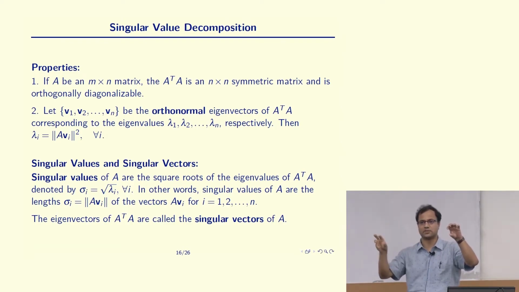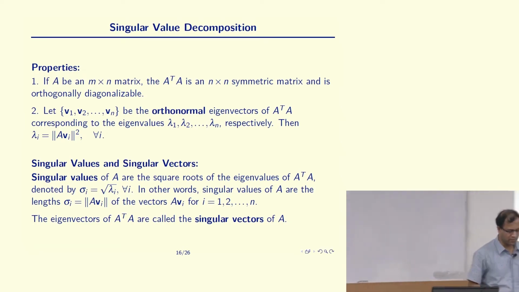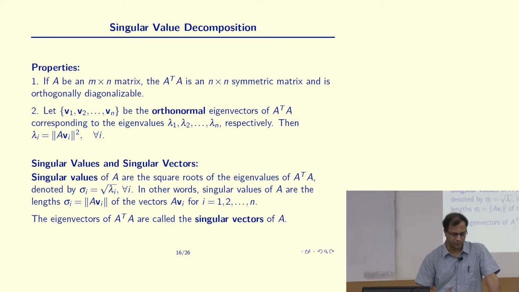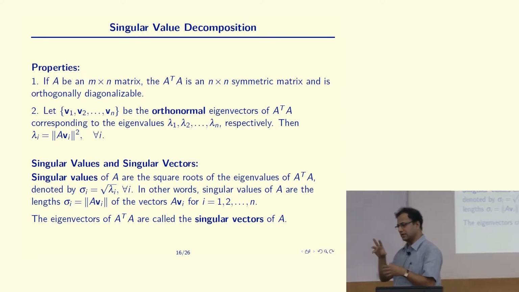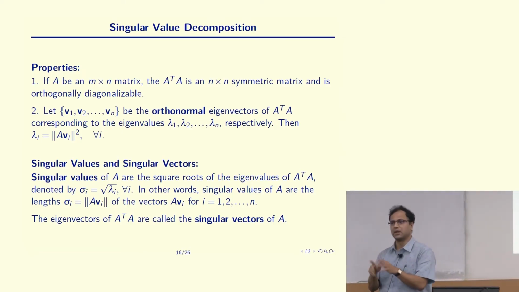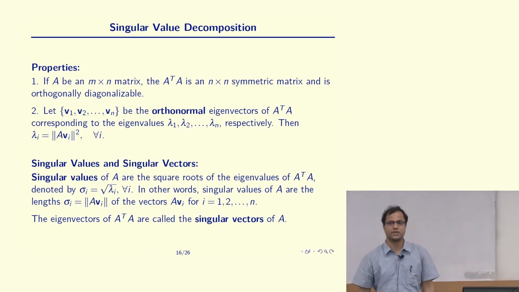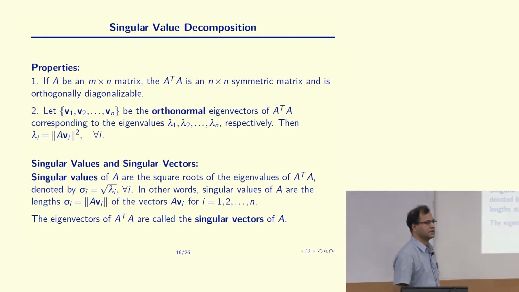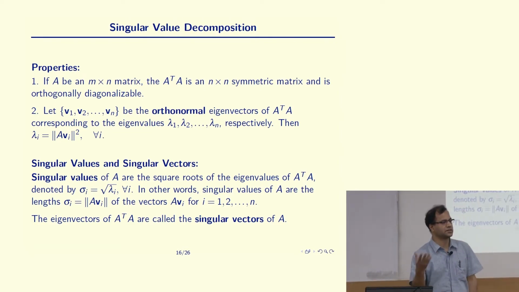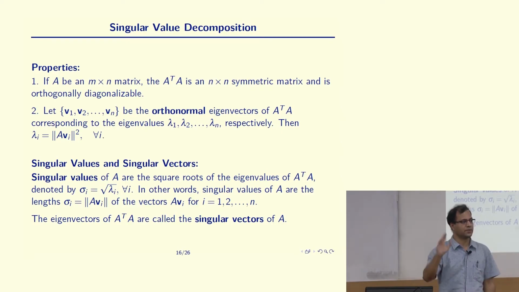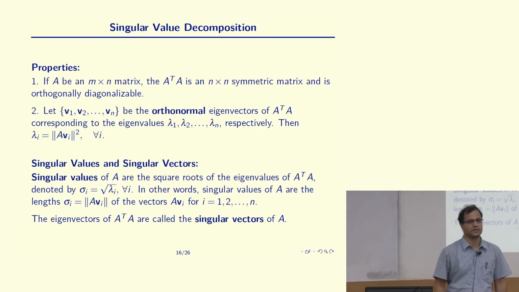The eigenvectors are already obtained from A transpose A. So we will not be considering vectors directly associated with A, but with A transpose A. The eigenvalues of A transpose A are the singular values. Eigenvectors of A transpose A are the singular vectors.